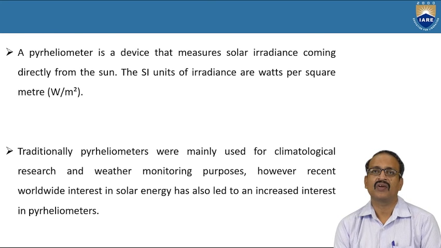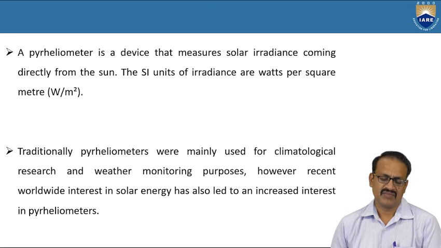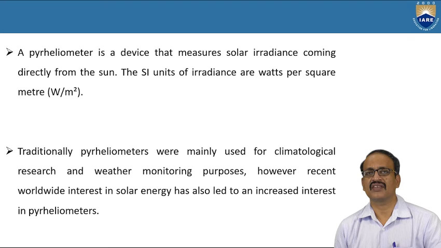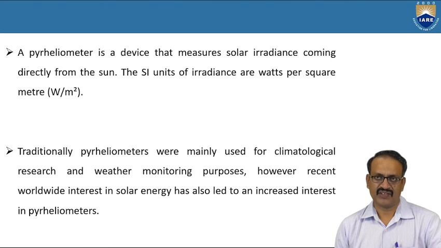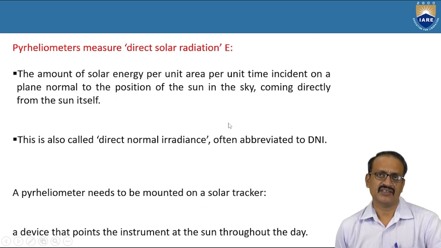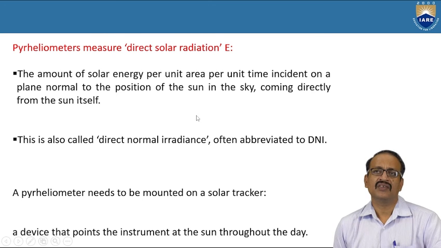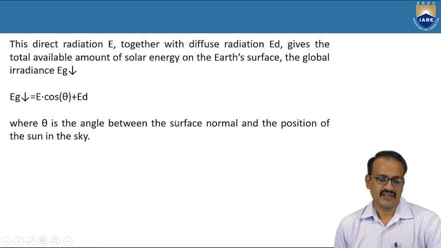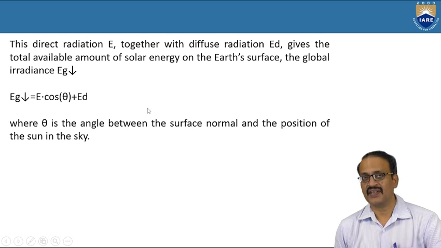That we know. These instruments were also traditionally used for climatological observation. So this is what it actually looks like. Here it will absorb the direct sunlight and give only the direct energy of the sun. So here also the direct solar radiation is E, and for the pyranometer it is E plus E diffuse.